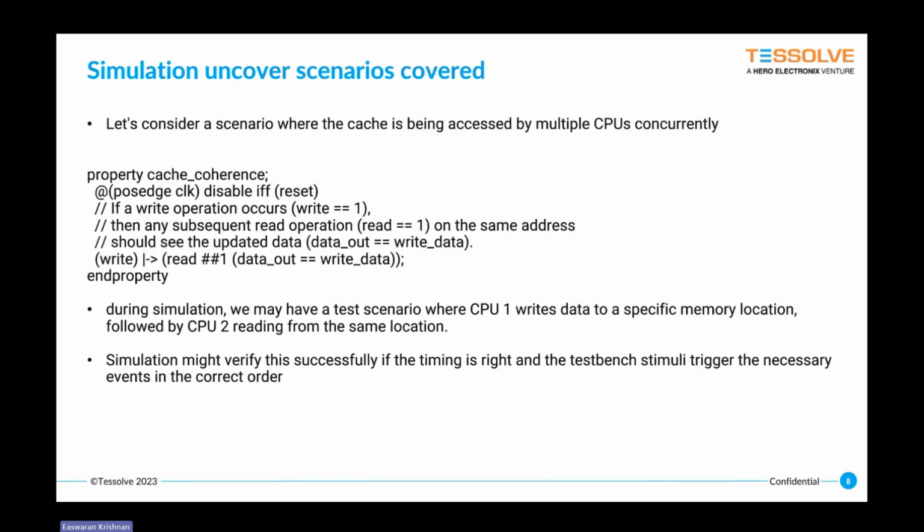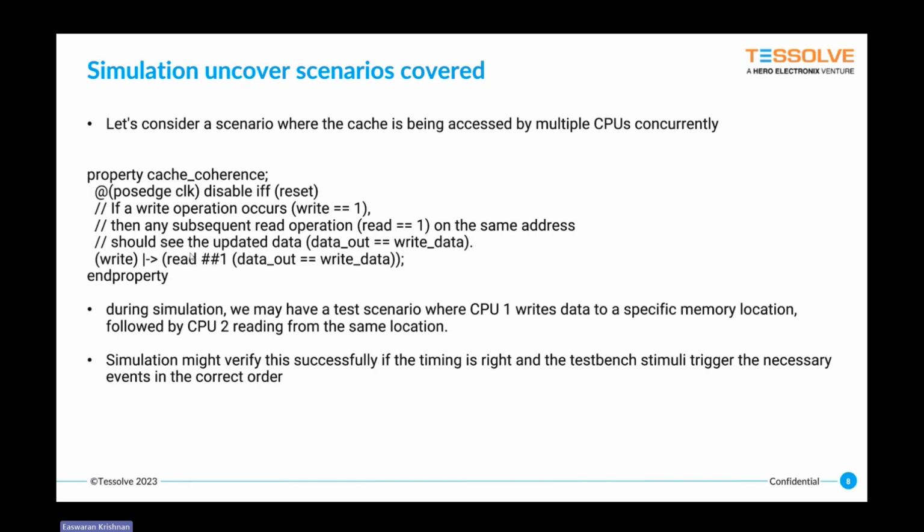The next topic is covering simulation-uncovered scenarios in formal. Let's consider a scenario where the cache is being accessed by multiple CPUs concurrently. This cache coherence property checks that if we do a read and write on the same address continuously without any time delay, the read data should be equal to the write data.